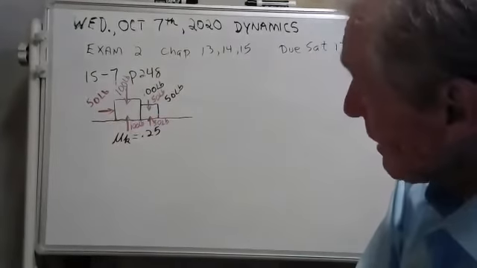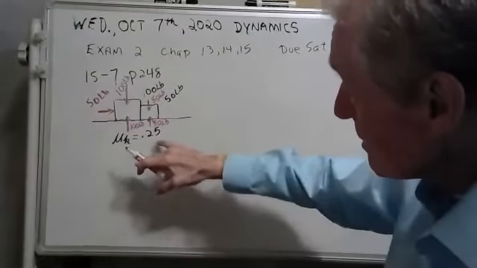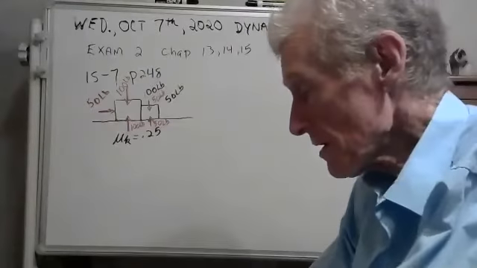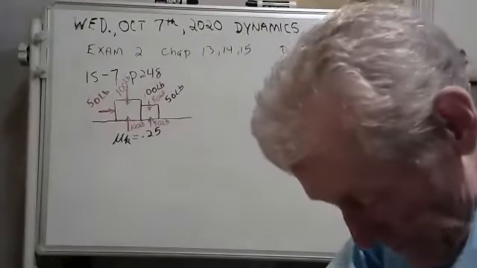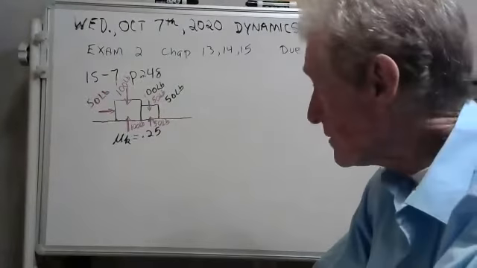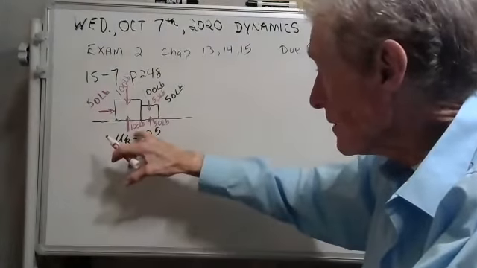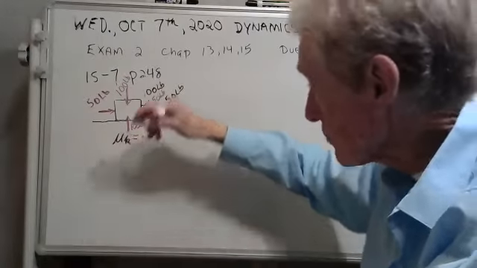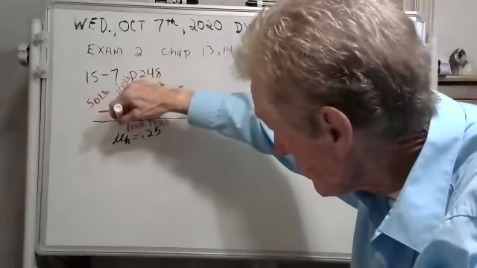Yeah. And now we have friction. Now see, it's going to slide along here, and the friction on here will be 100 pounds times 0.25. That's 25 pounds. So we'll put it right here.